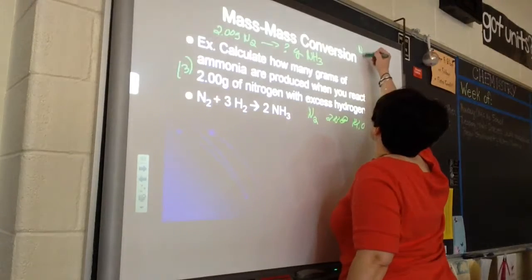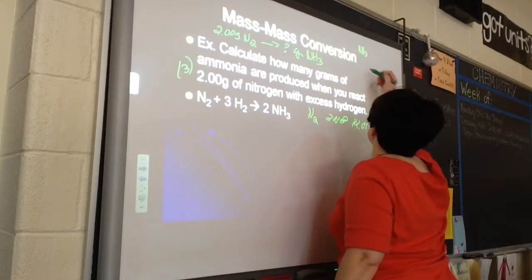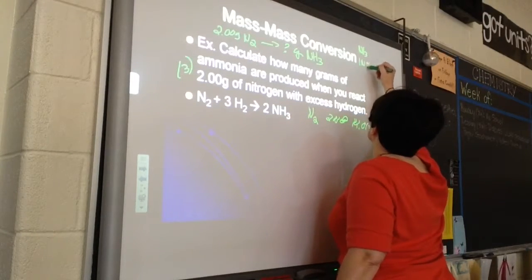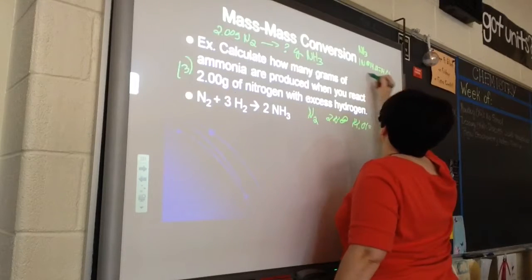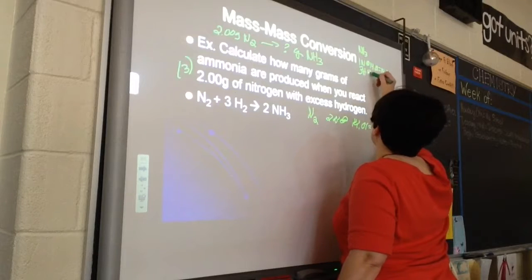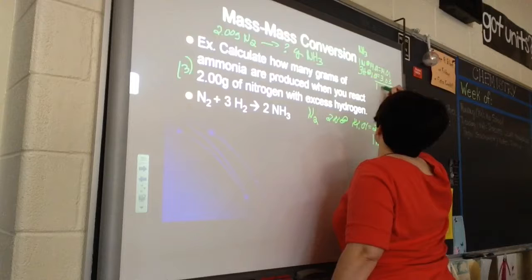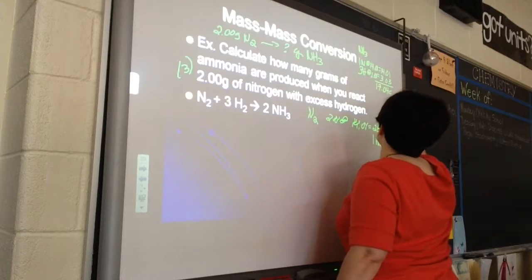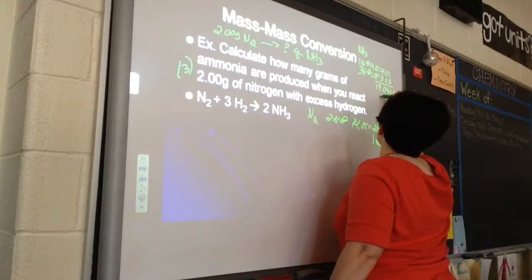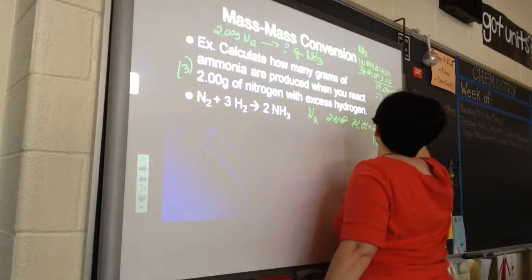I'm going to do it up here just to save space. We have 1 nitrogen at 14.01. We have 3 hydrogens at 1.01 apiece for a total of 17.04 grams of NH3 equals 1 mole of the same.